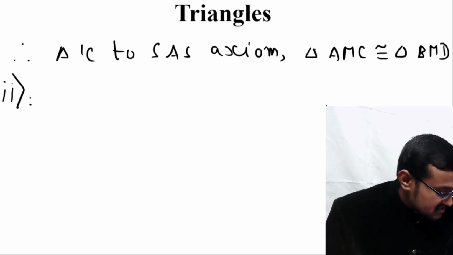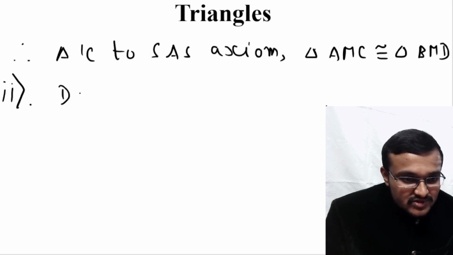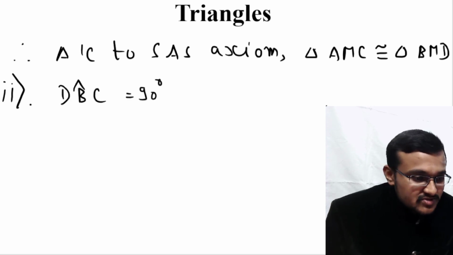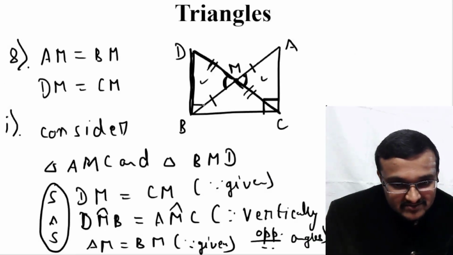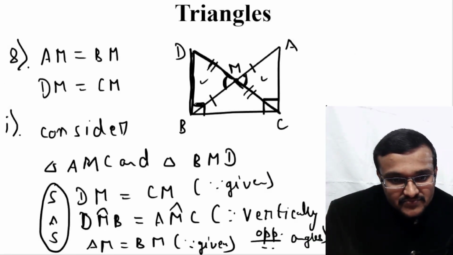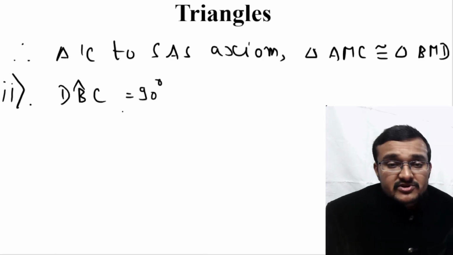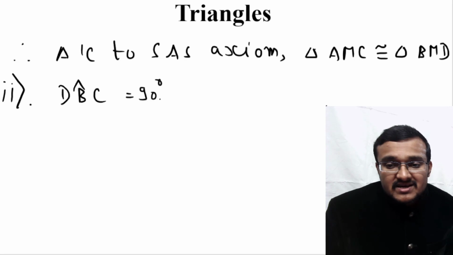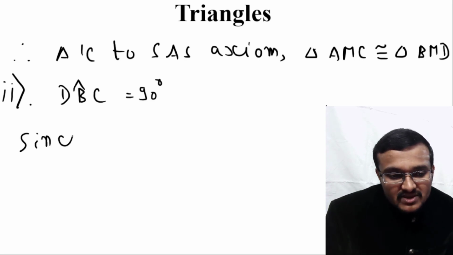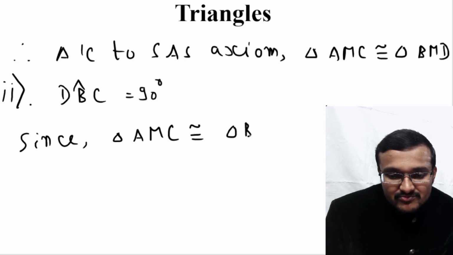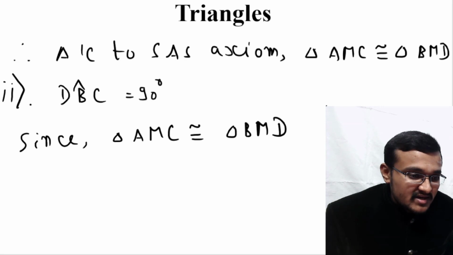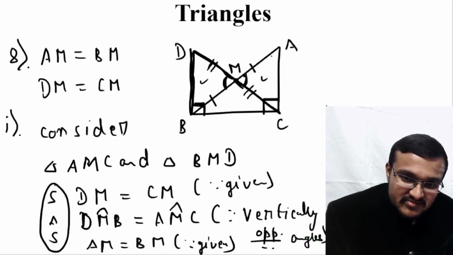Now looking into the second question in the 8th question, you have to prove that angle DBC is equal to 90 degree. So that is this particular angle DBC is equal to 90 degree. You have to prove. So now in order to prove angle DBC is equal to 90 degree, since triangle AMC is congruent with triangle BMD, these two angles will be equal.